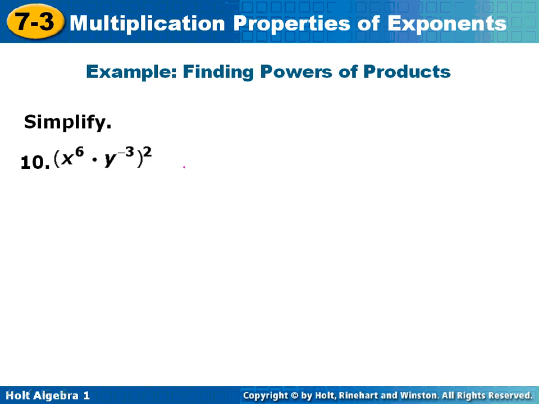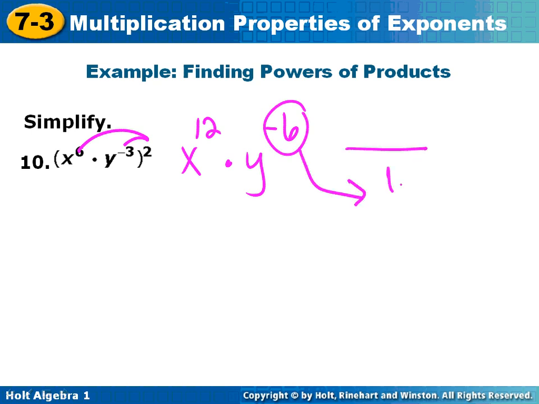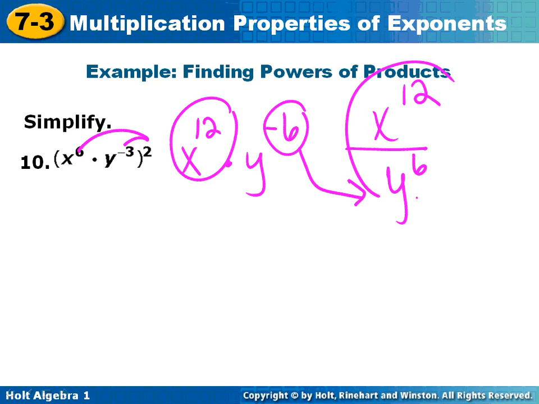Number 10, I need to take this 2 and distribute it to each of the terms inside the parentheses. So that's x to the 12th times y to the negative 6. Now I have a negative exponent, so this has to go in the denominator, y to the positive 6. My x to the 12th is positive, so it's going to stay on the top. That is your final answer.